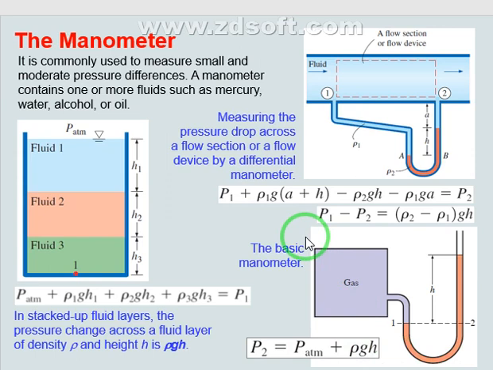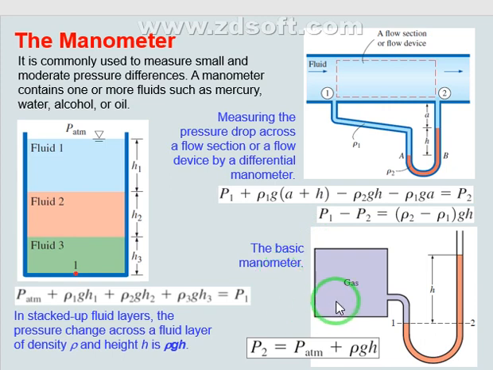The second equipment that we use to measure the pressure is the manometer, which is mainly used to measure the gauge pressure in pipe flows, in any water system, etc. We have two kinds of manometer, single liquid manometer and multi fluid manometer, right?